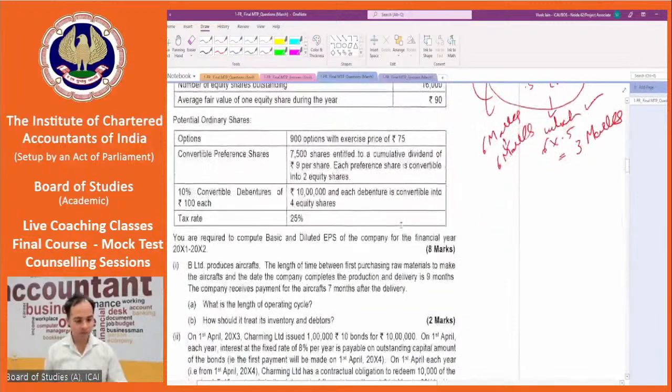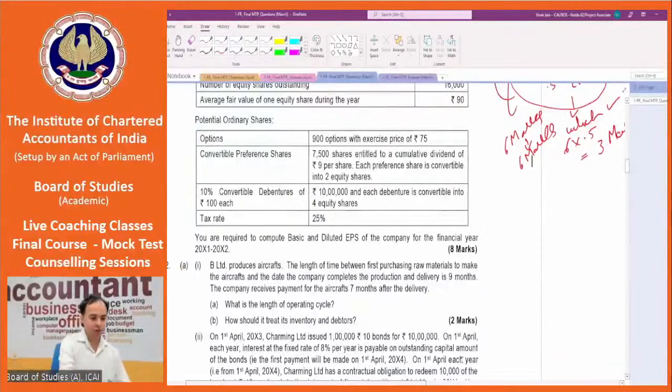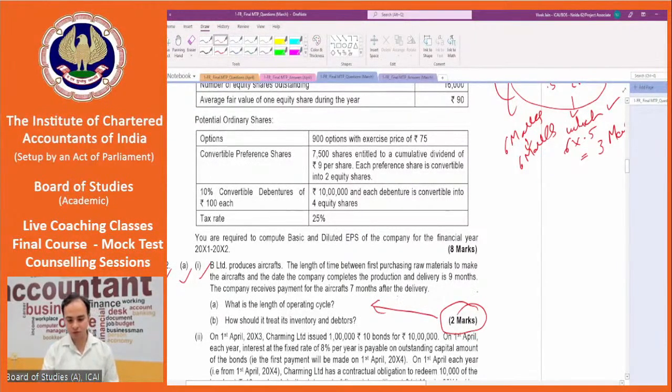And further, I also give you another example. For example, this is question 2A of the same series. Now, this question is of 2 marks only, and even in the 2 marks, there are 2 subparts. So from the marks of the question, you should attempt your answer accordingly.